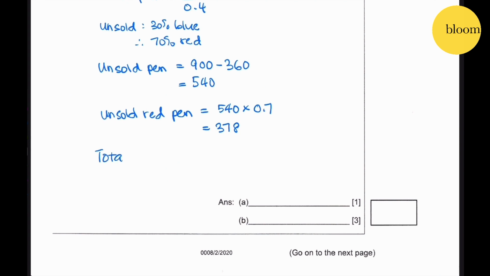Total red pens equals the sold plus unsold, equals 90 plus 378. It gives us 468 red pens.